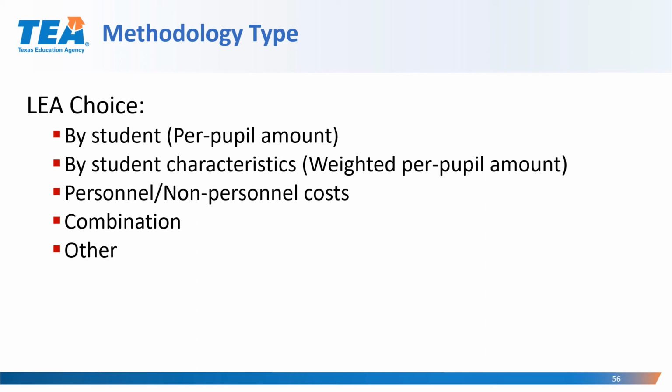It could distribute funds based on personnel and non-personnel costs. It could have a combination of these, or it could create its own. The overriding requirement for the methodology is that it be Title I neutral, that state and local funds are distributed to its campuses without regard to their Title I status.